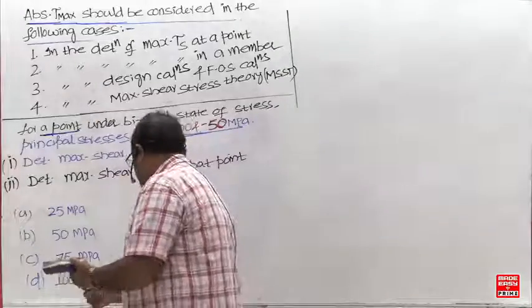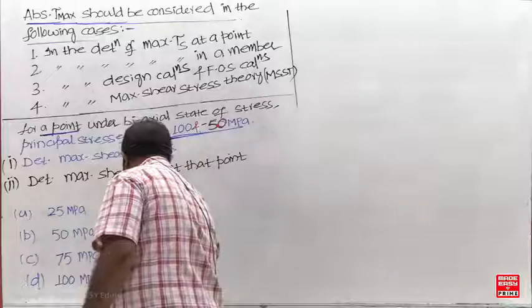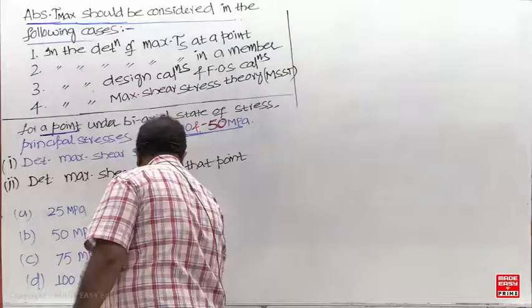Now this is representing what? So this itself is in plane and this itself is absolute.